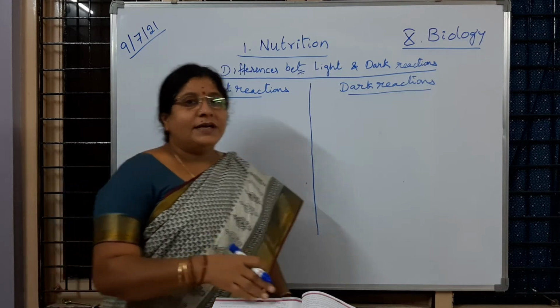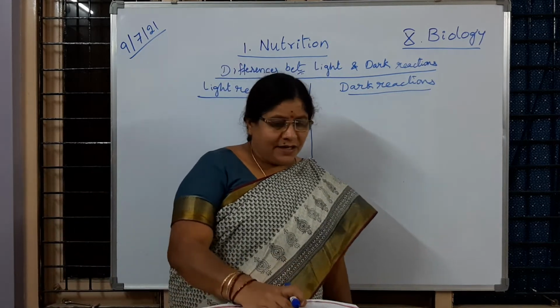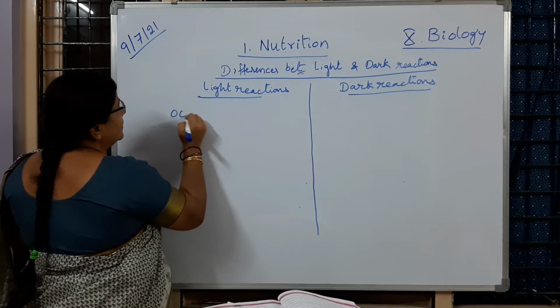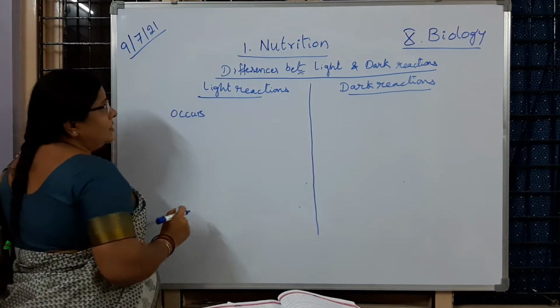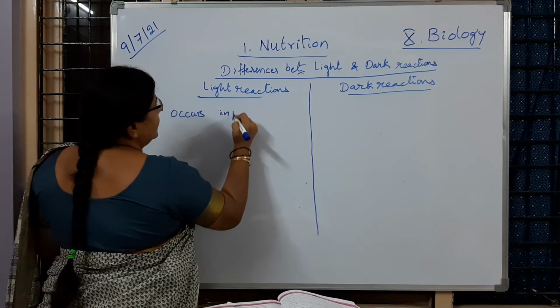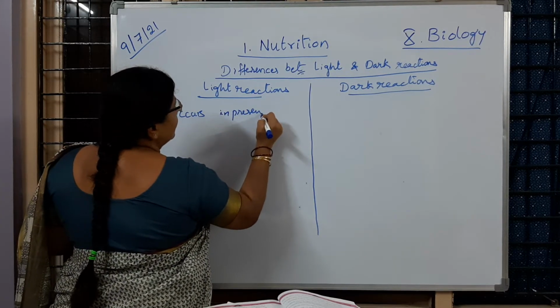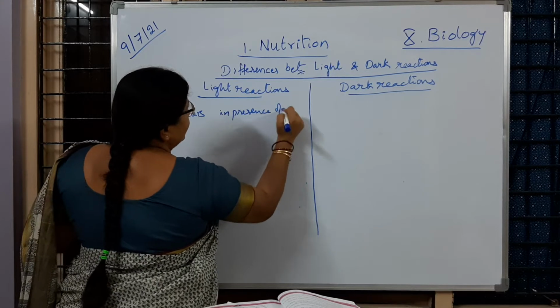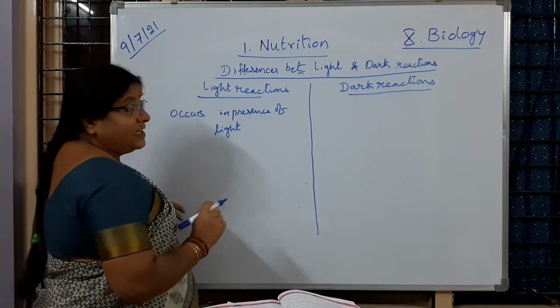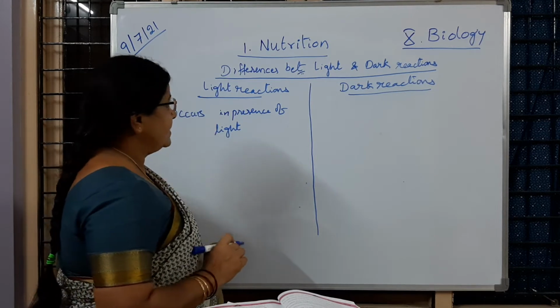So first word only, light and dark. What you can understand with that, immediately you can tell, where it occurs? In presence of light. Light is very much essential for these light reactions.